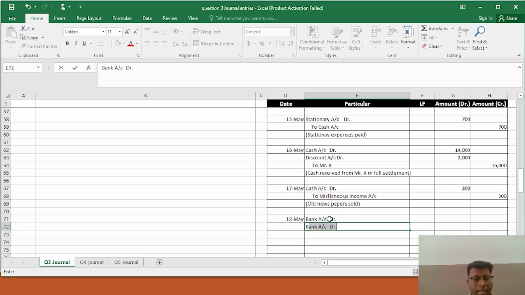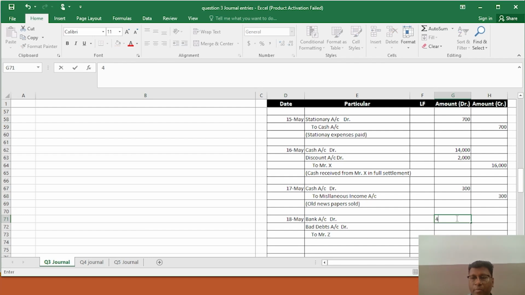So in the name of bad debts, the loss would be mentioned over there, bad debts account debit, and you are receiving this particular check from Mr. Jet. Okay, so you have to mention Mr. Jet. So what about the amount?